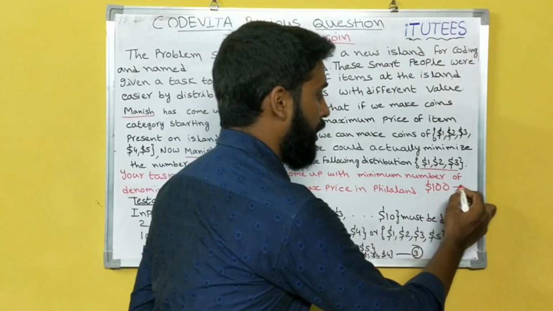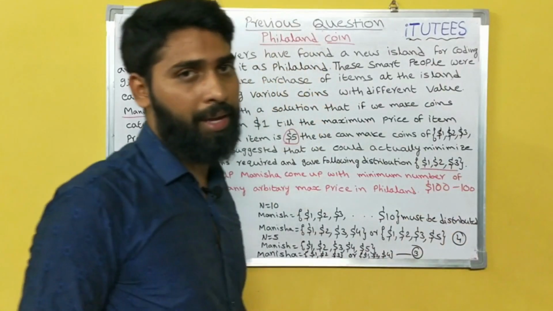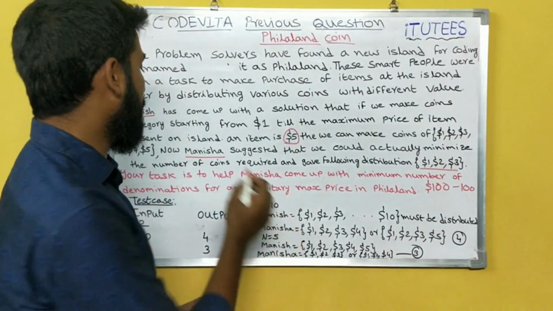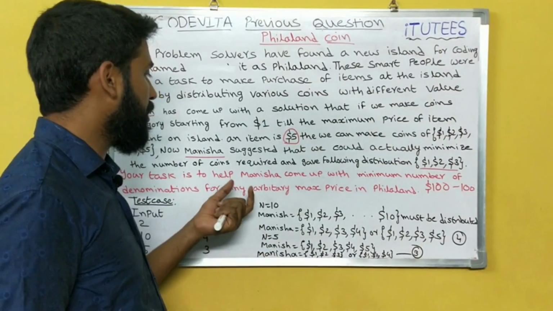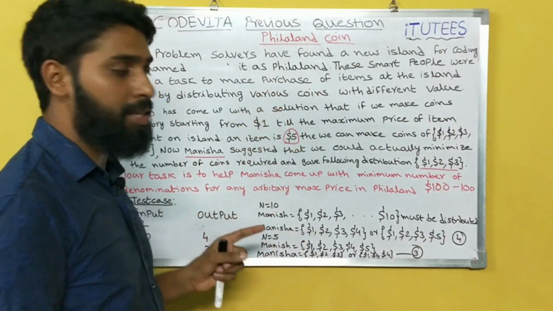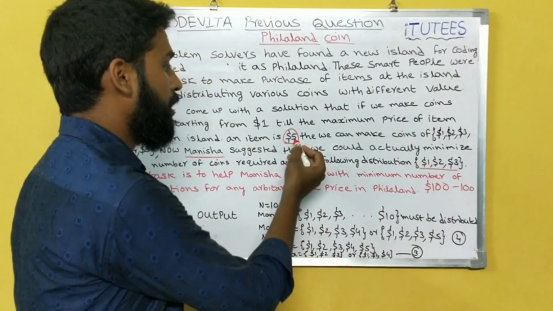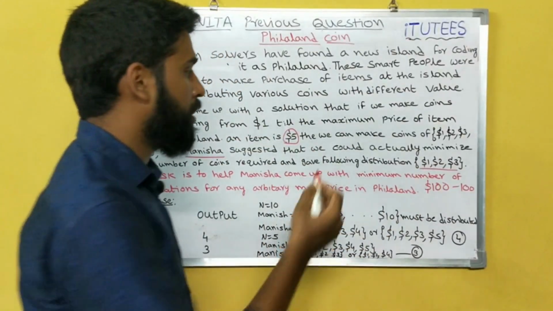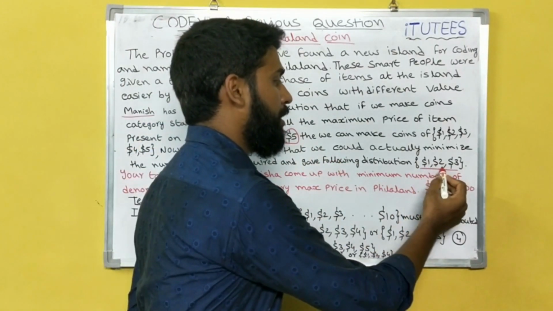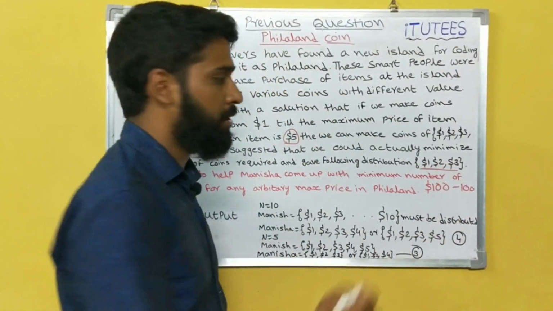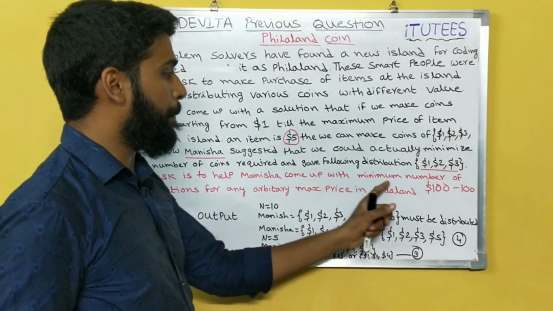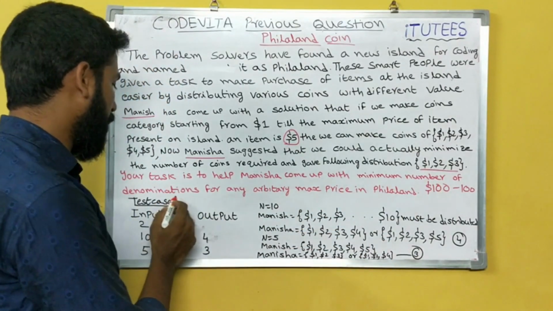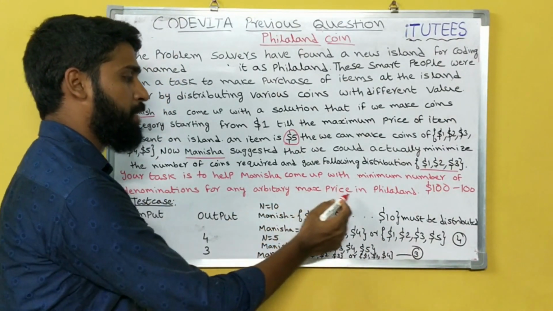That means 100 coins. But Manisha uses some technique by which she can minimize the coins. For $5, she says only $1, $2, $3 is enough. So your task is to help Manisha come up with the minimum number of denominations for any arbitrary max price in Fill a Line.